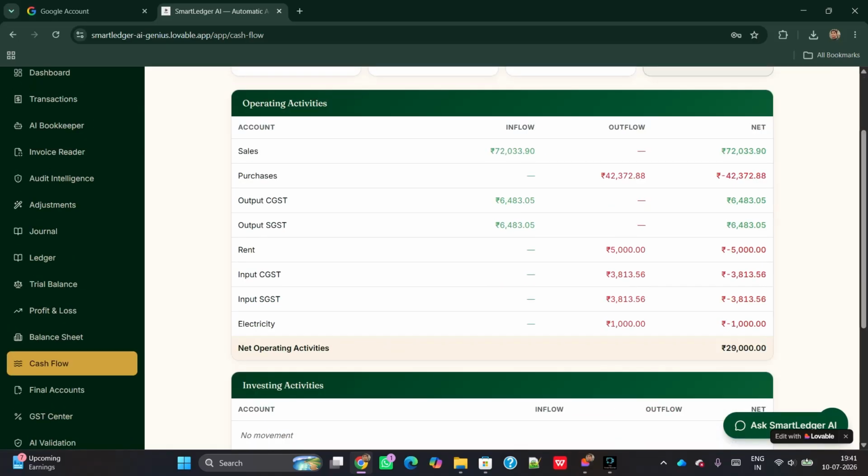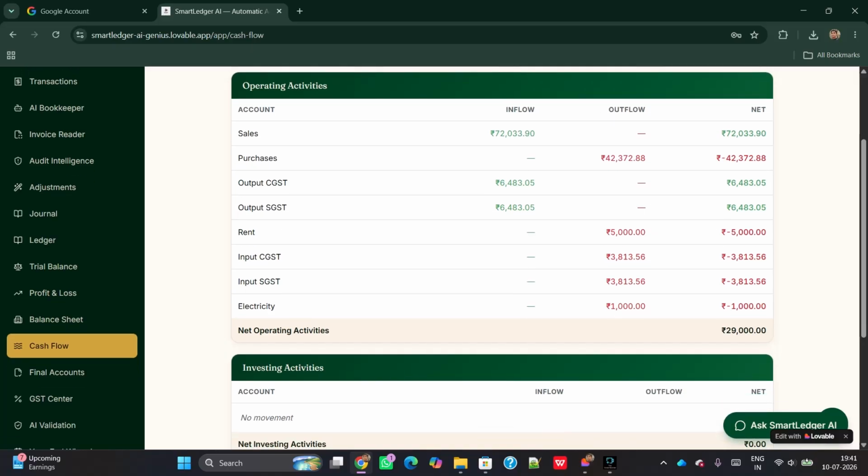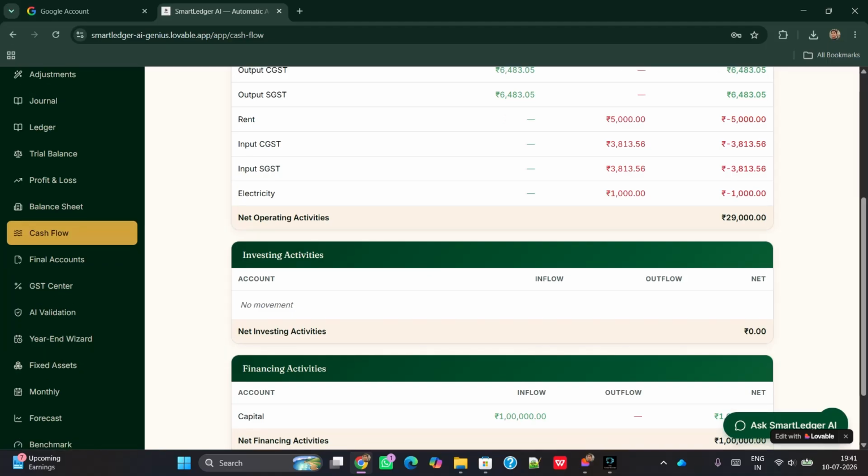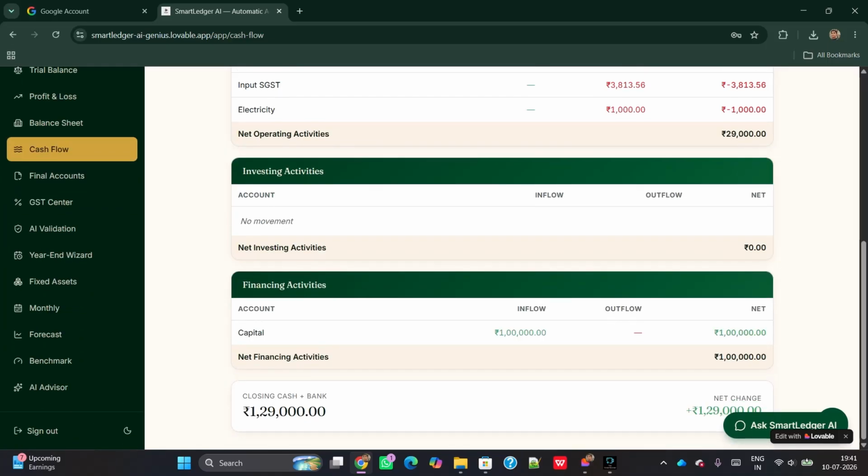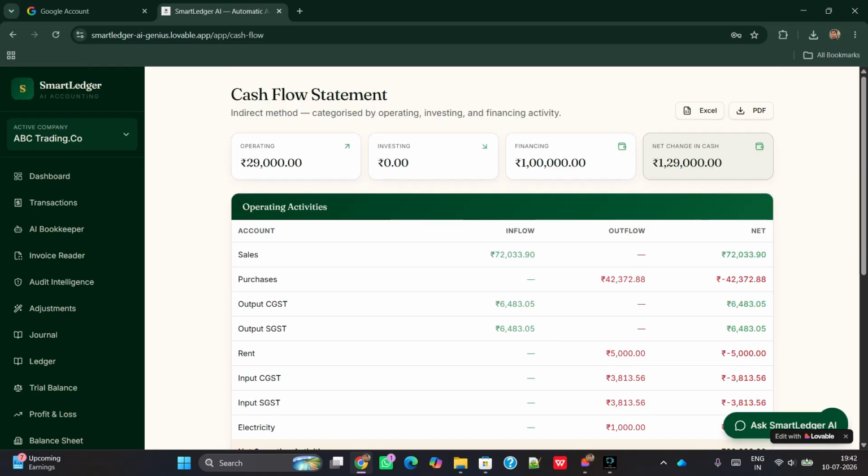These are the operating activities: sales inflow, purchase outflow, about the GST also, investing activities, financing activities, and the closing cash plus bank, net cash change. All the cash flows are being inputted here to make it easier for the business entity to find how much cash flow the business has generated in a particular period. This also the business entity can download in the form of Excel or PDF.